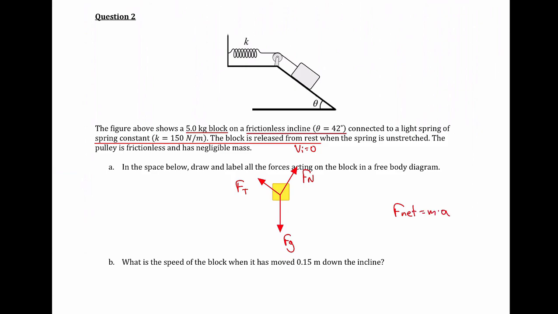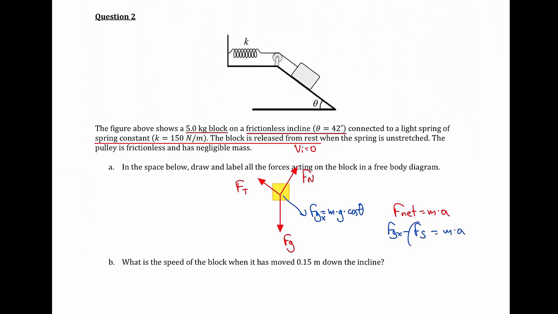Now the total force acting on the object is the force by the spring, which is the force of tension, and the component x of the force of gravity, which is mass times g times cosine of the angle. So the F net is Fgx minus the force by the spring is equal to mass times acceleration.